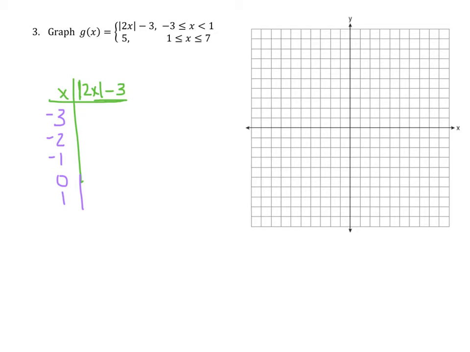I can see that when x is greater than or equal to -3, this is going to be a closed circle. And on the right-hand side, x is less than 1, so it's going to be an open circle. Okay, so go ahead and fill in that table of values there. We have the first one written out, and we have the values we need. So go ahead and fill those in, and I will see if I agree with you.